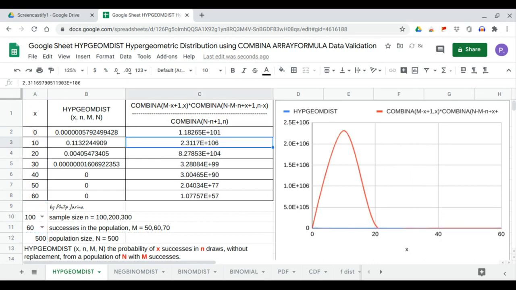Enter. So we have completed the numerator, the two parts of the numerator.